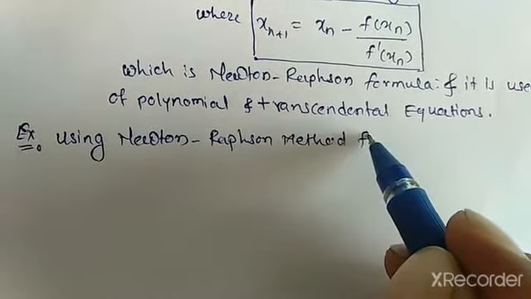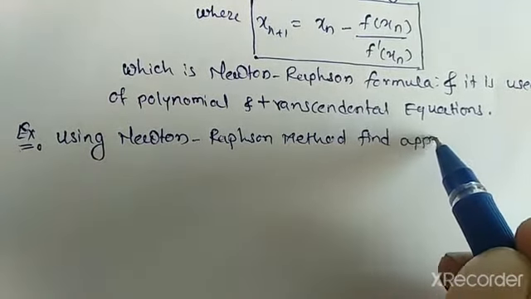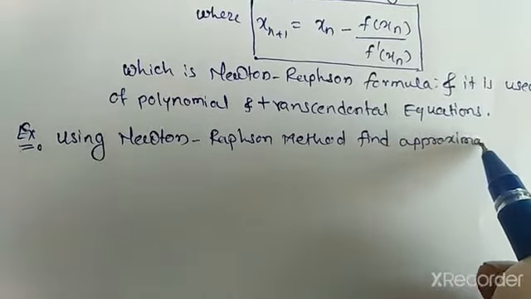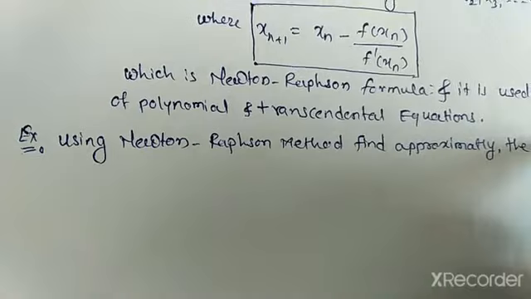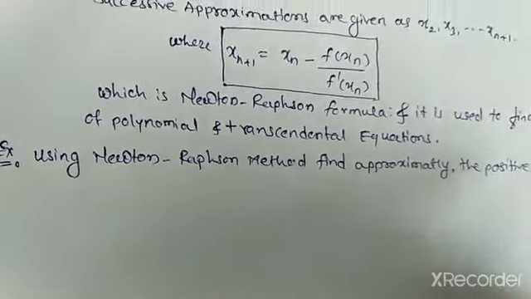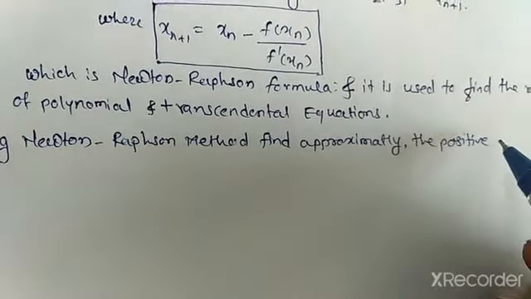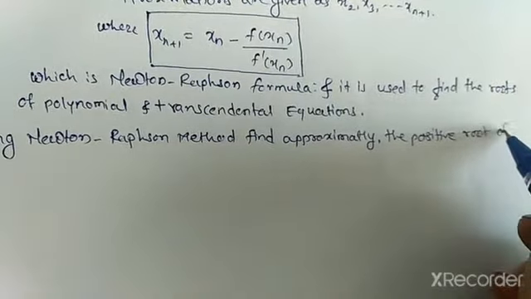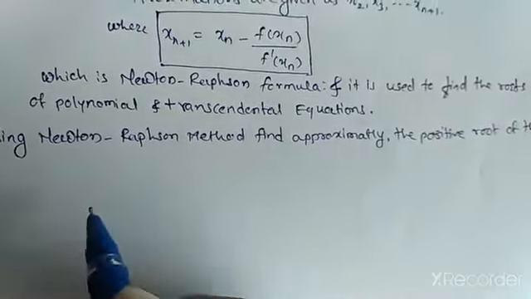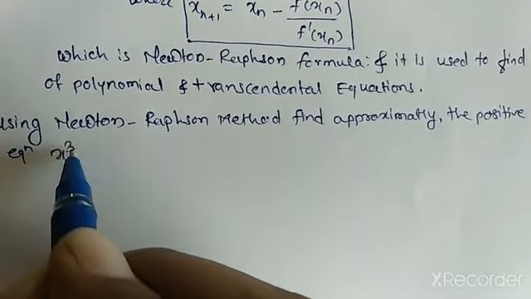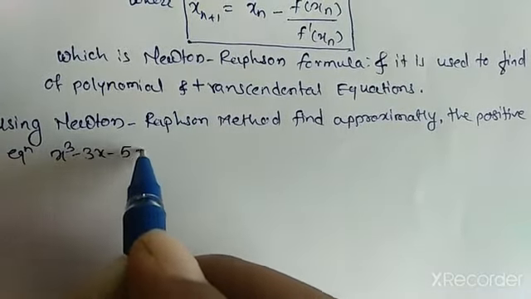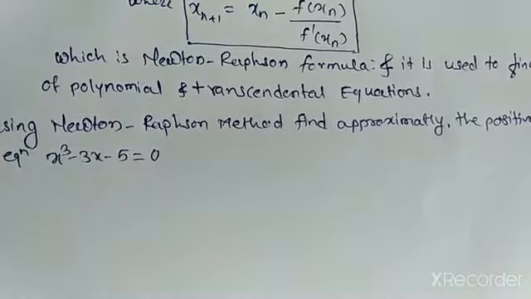Find approximately the positive root of the equation x cube minus 3x minus 5 equal to 0.